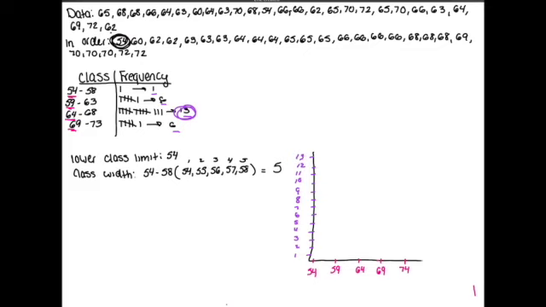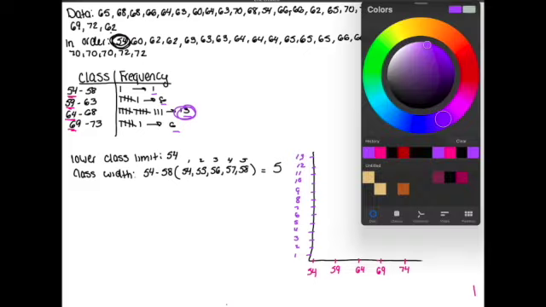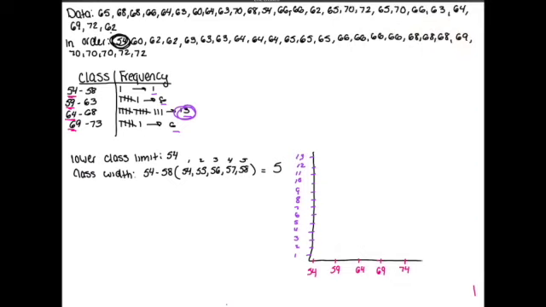So as we know, a histogram is constructed by drawing rectangles for each class of data. So that is exactly what I'm going to do right now. I'm going to change it back to black. So our first class is 54 to 59. As you can see, that is 1, so I'm going to draw it to 1, and I'm going to fill it in. And then our second class is 59 to 64, and that is 6.